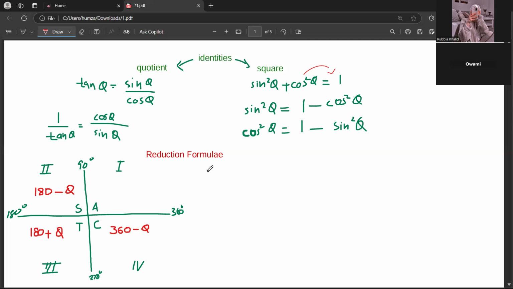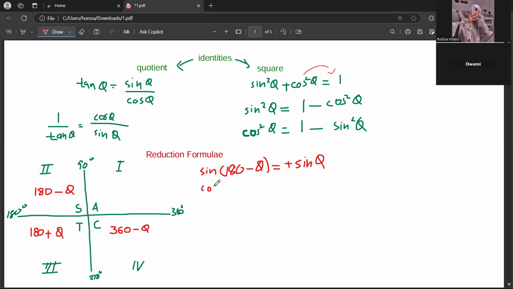Okay, now we have different values we can read from these. So number one is, if I give you sine 180 degrees minus theta, this will be equal to positive sine theta. Why positive? Because 180 minus theta lies in the quadrant 2, and that's why the sign is positive in quadrant 2. Therefore, we have the positive sign here.